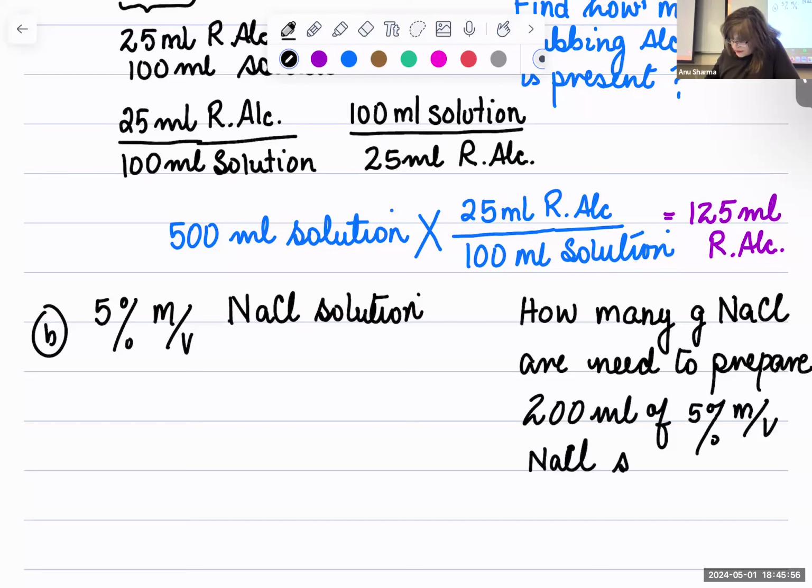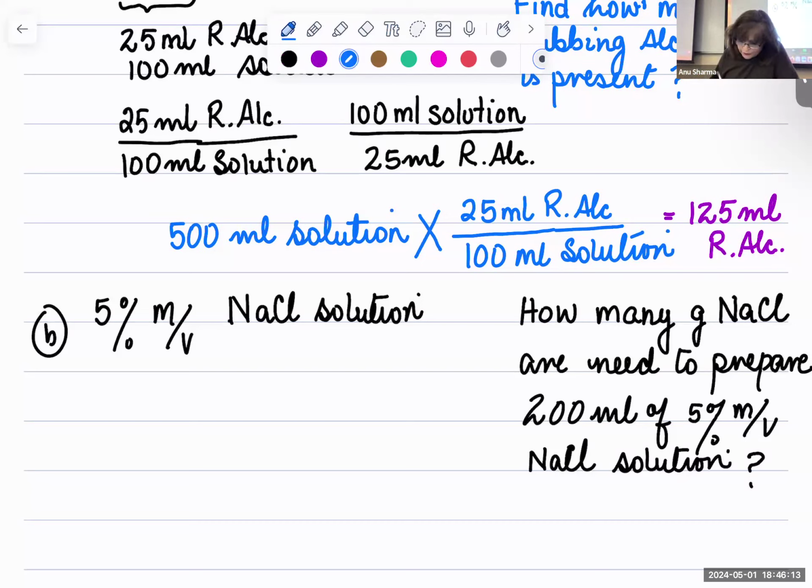Okay, so this is the question. But you want to prepare: how many grams of NaCl are needed to prepare 200 milliliters of 5% mass by volume NaCl solution?